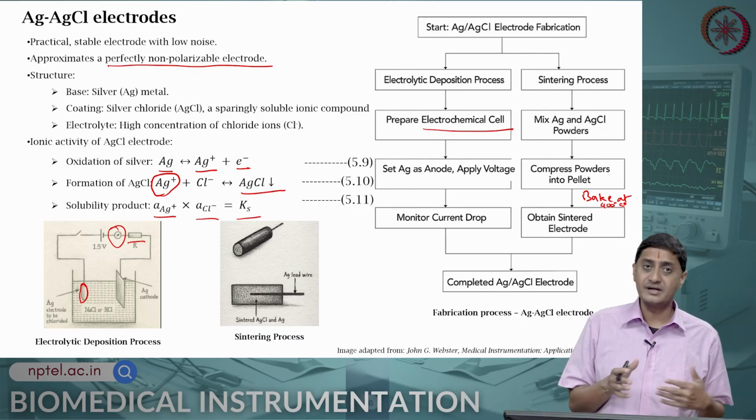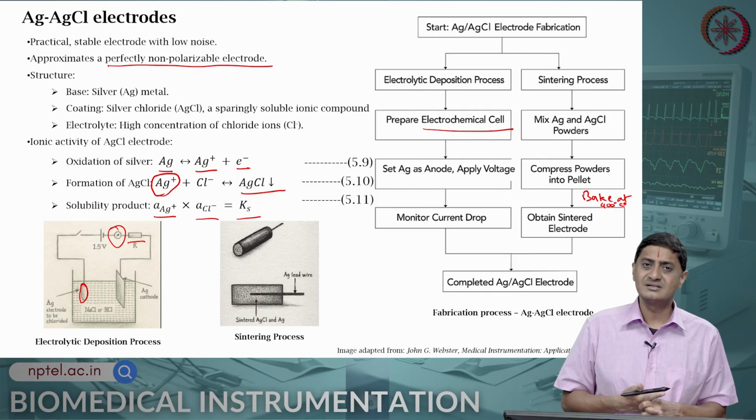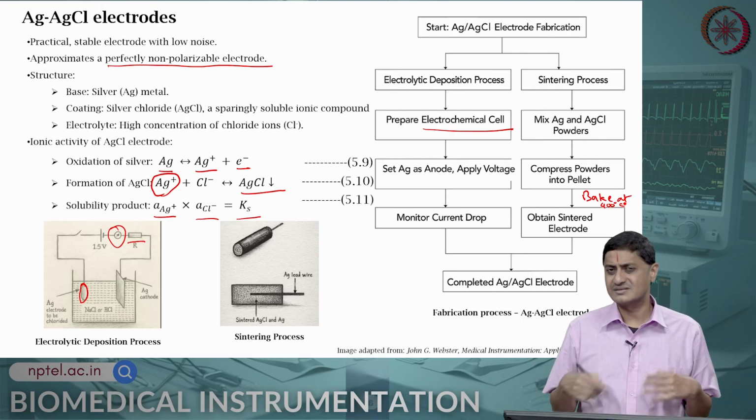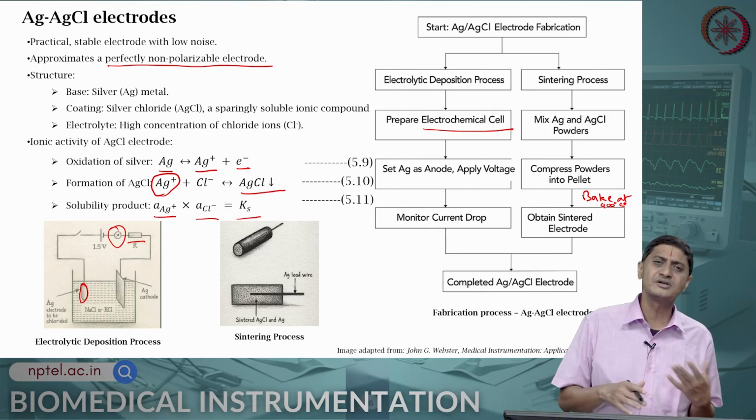If silver chloride is scraped off, then you will not get the desired characteristics. After repeated use, it is possible for silver chloride to be scraped off.